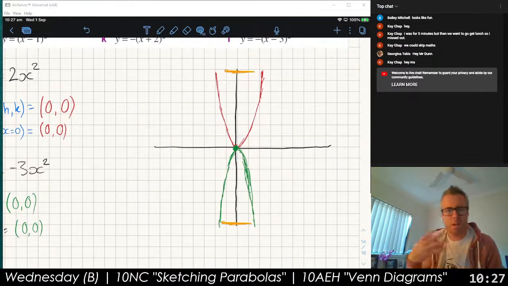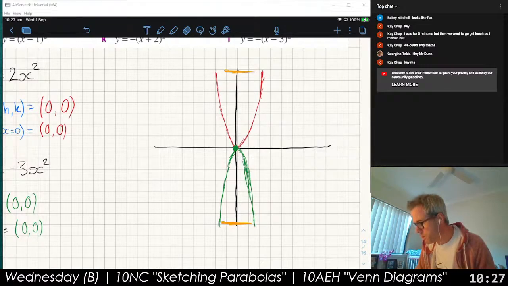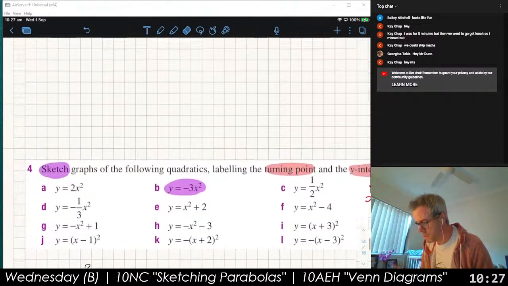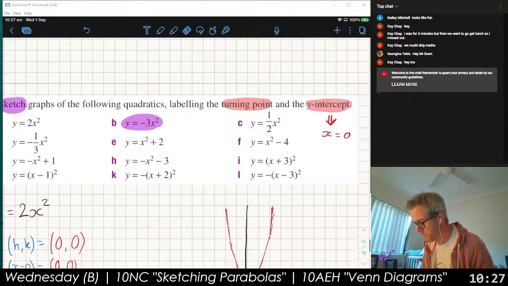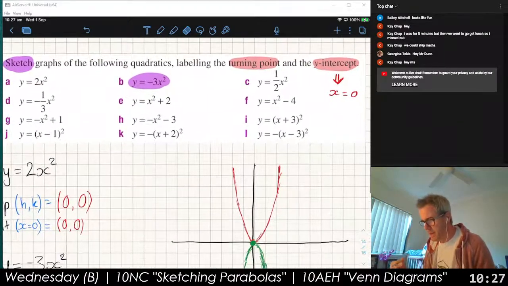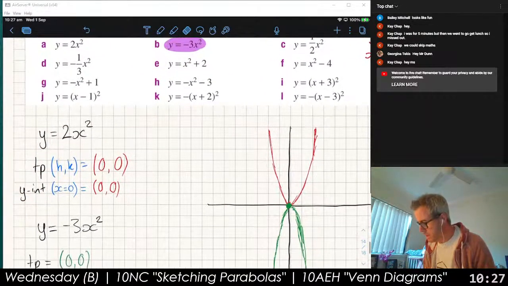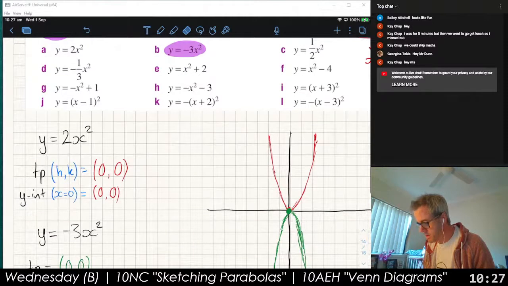It's not perfect, it's not accurate, but that's not what the question is asking us to do. It's not asking us to be accurate. It's simply asking us to sketch, to give a rough idea of what's happening here, like so. All right. Hopefully that makes sense, and you can begin to understand that. Let's do a different one.